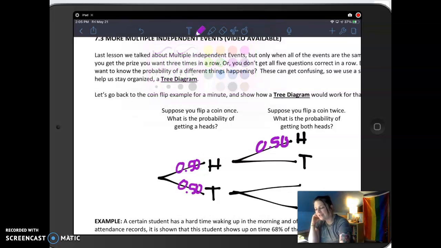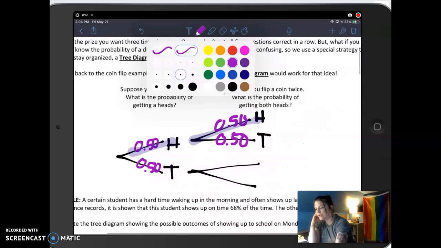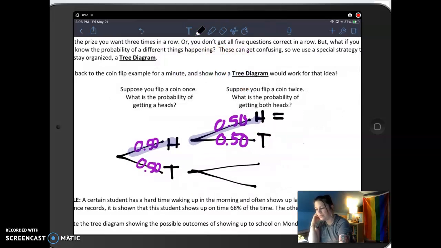This first pathway here would be you get heads first and heads second. In order to find the probability of that, which we found before, we take the first probability and multiply it by the second probability.